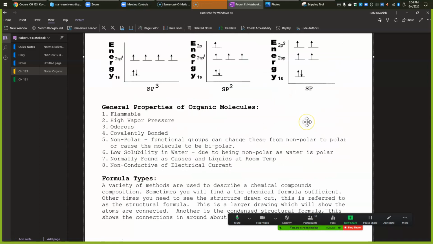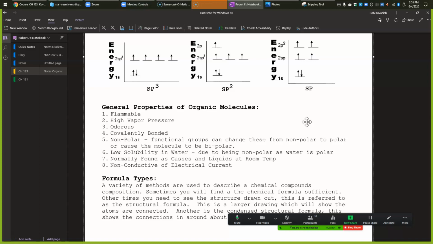So let's talk about some general properties for organic molecules. Honestly, they're mostly boring. The molecules that we're going to talk about are basically all alkanes, and they're super boring molecules. They don't really do anything. They're flammable. But until I put a double bond on them or start adding what we call functional groups, they're not super useful.